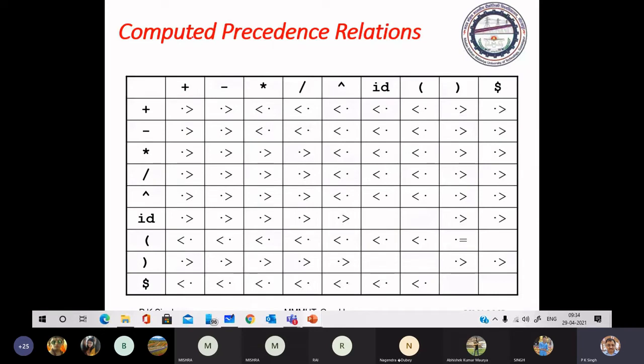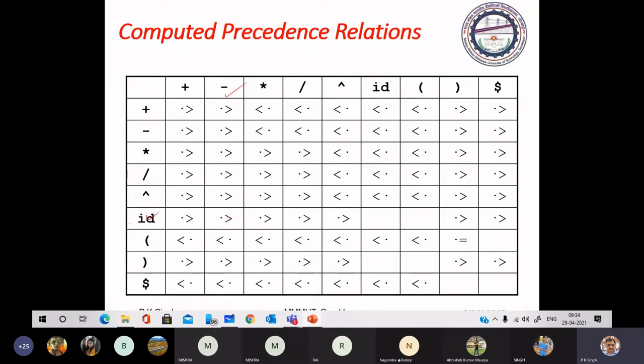To decide the parsing action, we refer to the current input symbol pointed to by the input pointer and the symbol on top of the stack. Suppose the current input symbol is ID and the top of stack has this minus.